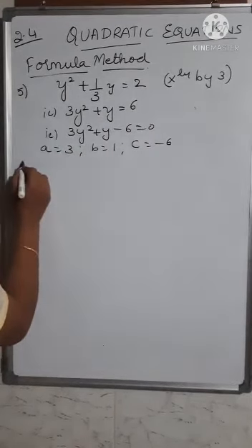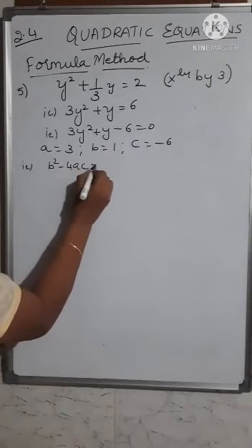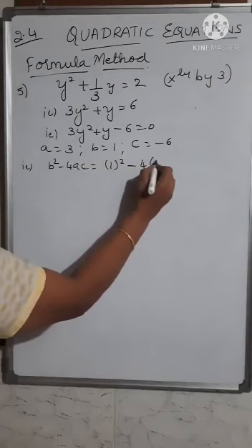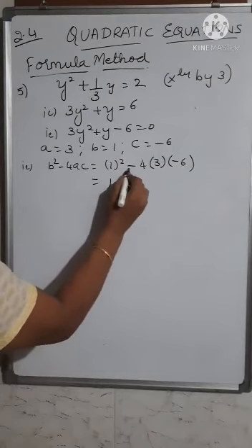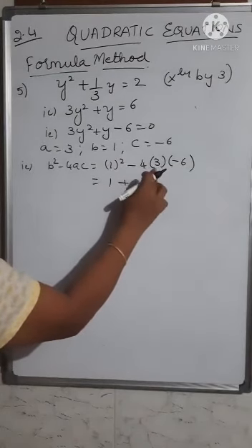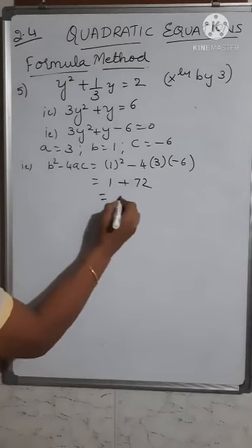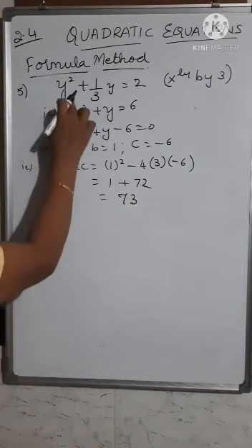Now first you are going to find out b square minus 4ac. So b is 1, square, 4 into 3 into minus 6. So you get 1 plus 4 threes are 12, 12 sixes are 72. So you get this as 73. Now write the formula. Your variable is y.